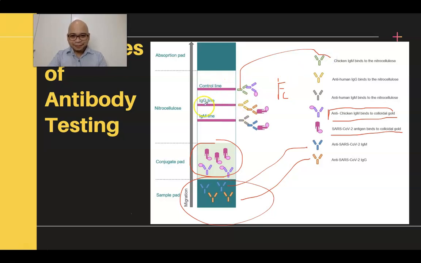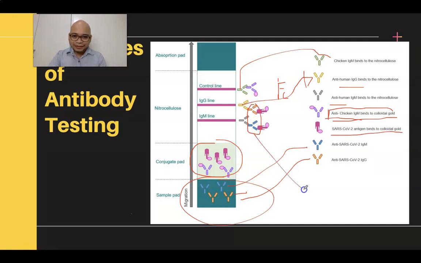So this means the nitrocellulose strip already has antibodies. And then the anti-human IgG is here, and the anti-human IgM is already here. So the anti-chicken IgM binds at the Fc portion, and it will also bind to the Fc portion of our antibodies.